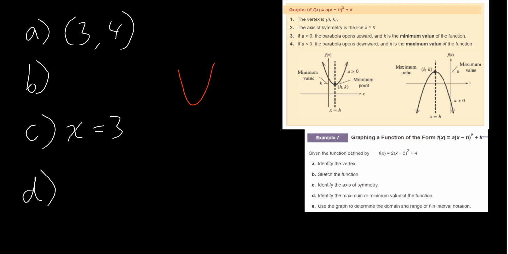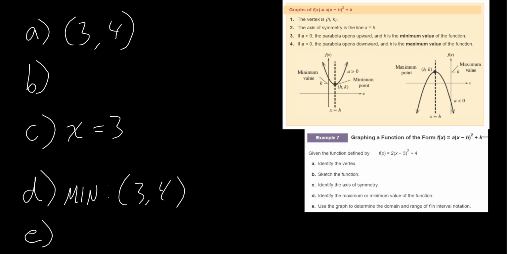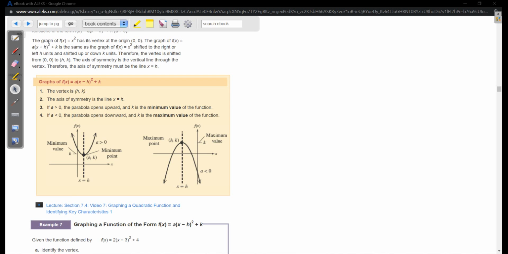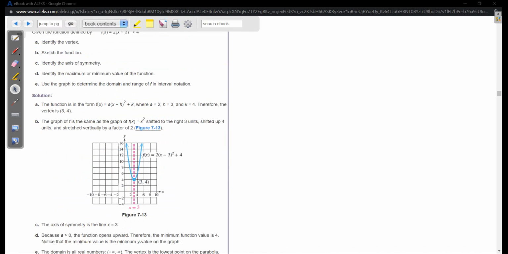So that means this parabola is going to have a minimum, it's the smallest part. So we're going to have a minimum value at (3, 4). Okay, and then E, it says use the graph to determine the domain and range. Let's go ahead and snip the graph. There we go.